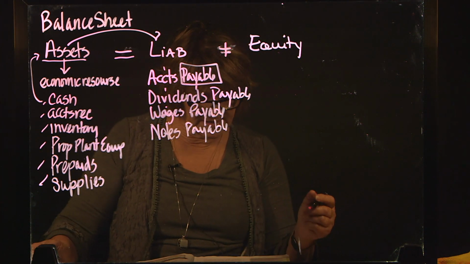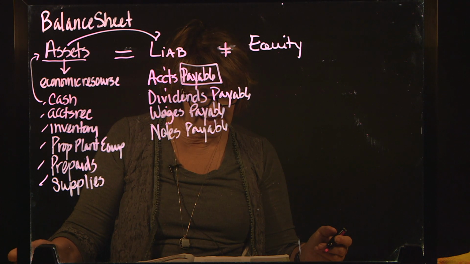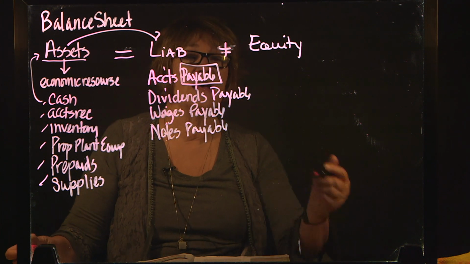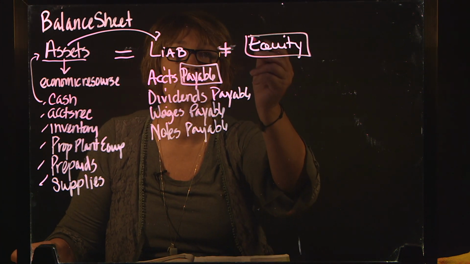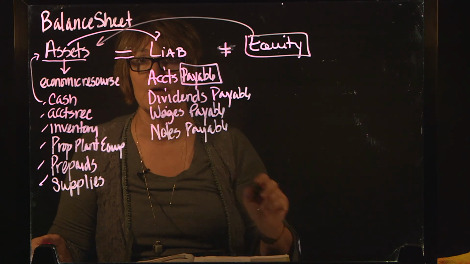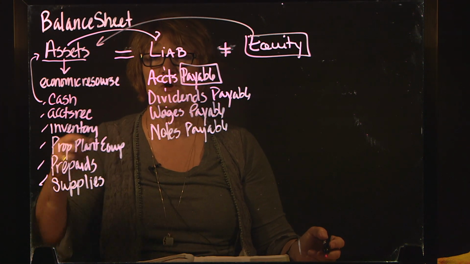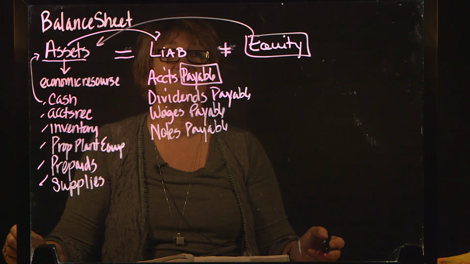So equity is the difference between the assets and the liabilities. In other words, equity is the claim of the owners against the company's assets, because we're going to assume the company is going to pay its bills. So after the bills are paid, the equity would be what was left over.